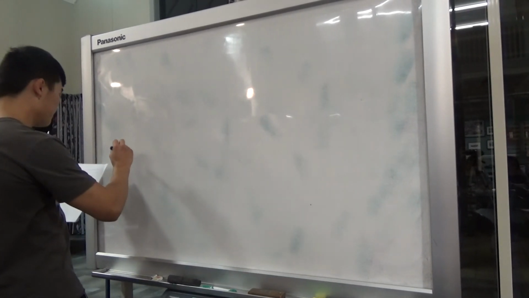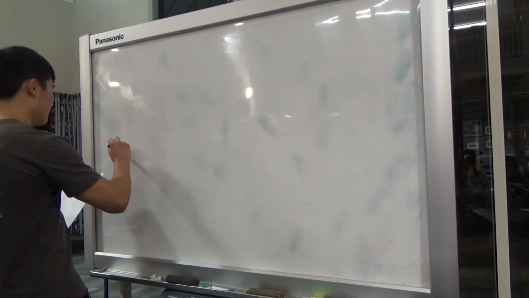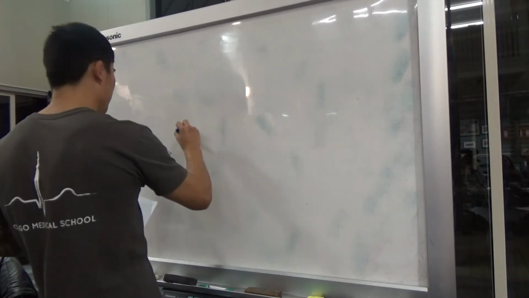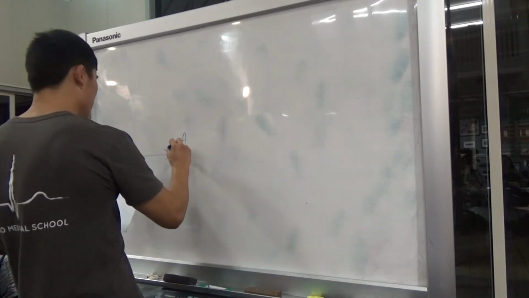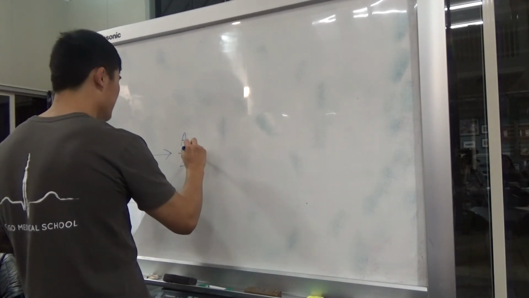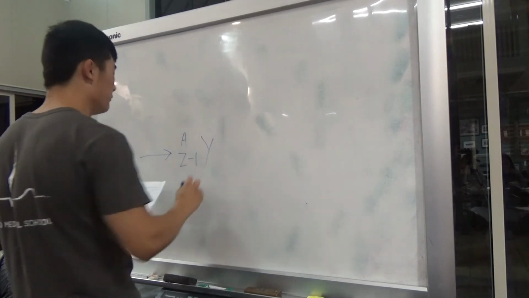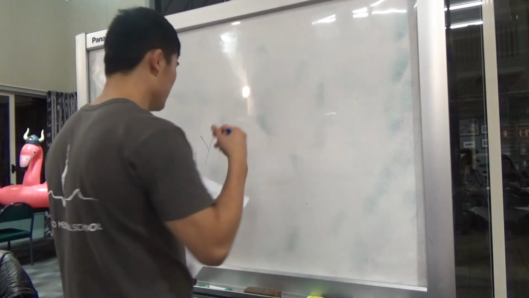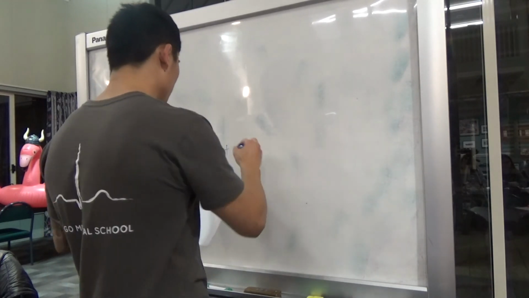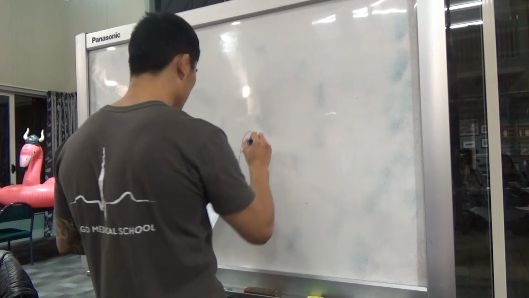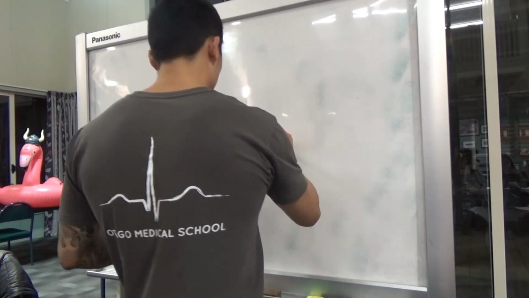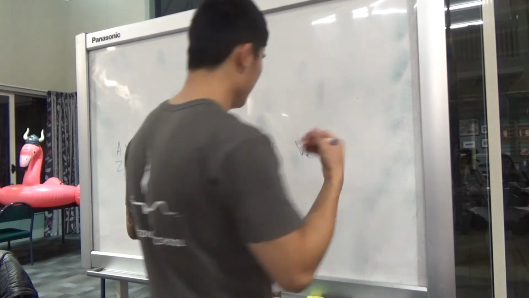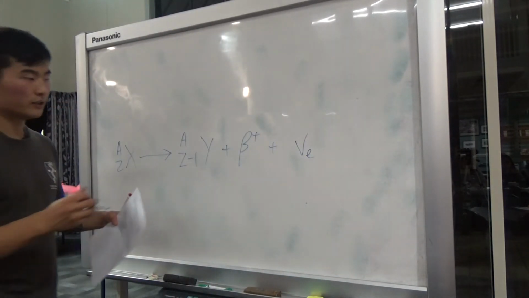So we should have the same number of nucleons, 1 less proton, and we'll expect a new atom, a different symbol, will be emitting a positron, and you'd also have to be producing a neutrino.